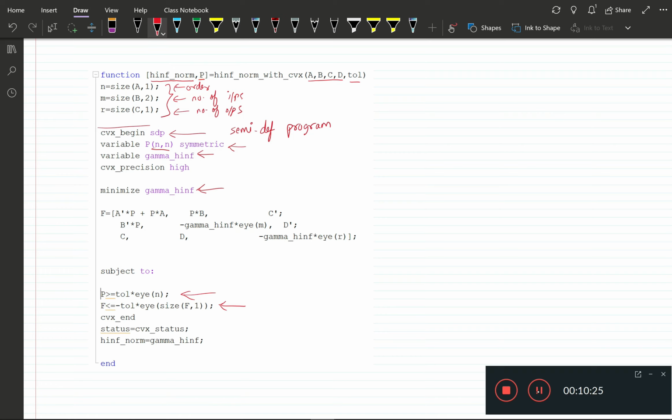One is P being greater than or equal to tolerance times identity, so this is the relaxed version of P positive definite, and this one is the relaxed version of f of P comma gamma negative definite. Note that f is defined here symbolically because P and gamma hinf are variables, and then we return the hinf norm and the P.